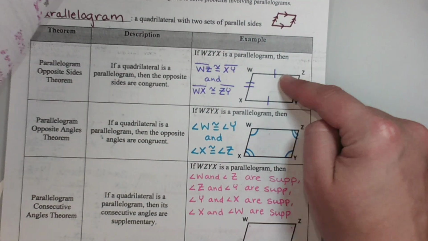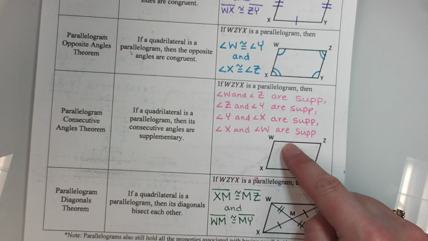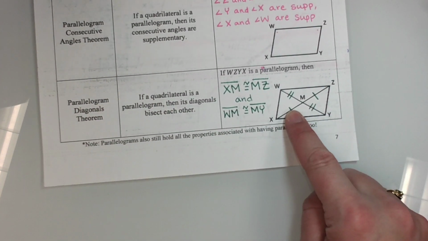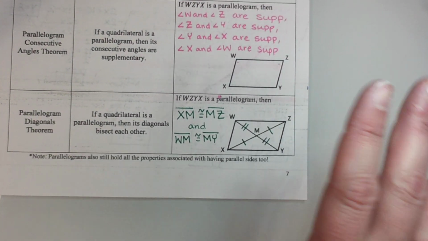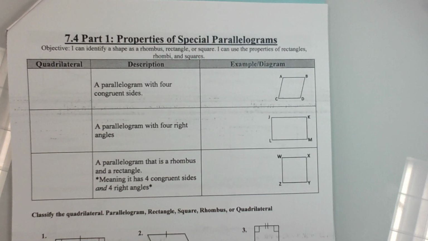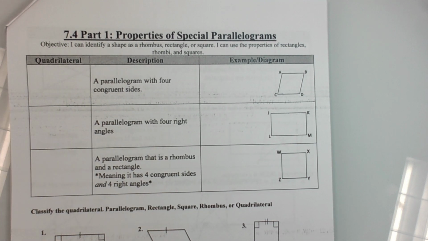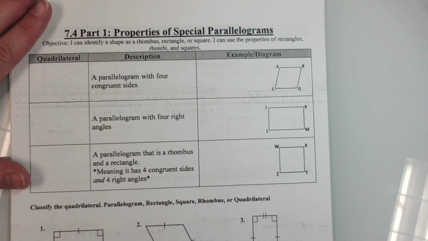It will still have opposite sides congruent, opposite angles congruent, consecutive angles supplementary, and diagonals will still bisect one another. Those things hold true for every parallelogram, even if we start talking about these specific ones, such as a parallelogram with 4 congruent sides. These shapes you technically should have learned of before.